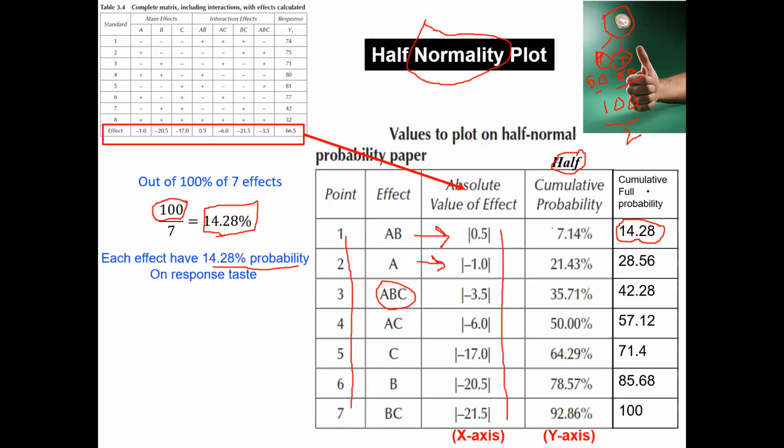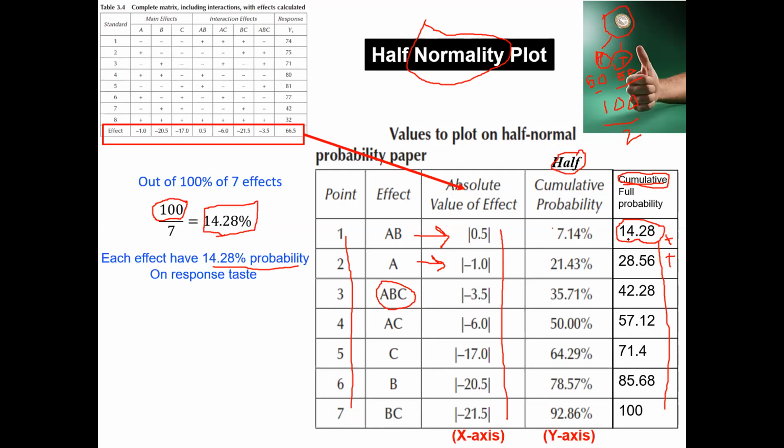But we did one calculation called cumulative probability, where you keep adding one followed by the next, one followed by the next, and so on. That is why we wrote cumulative full probability. If you write just the full probability without cumulative, these are all the values, nothing but 14.28, 14.28, 14.28 like that.